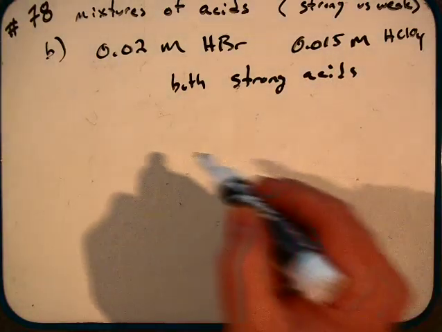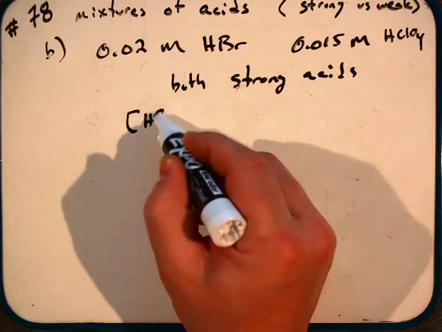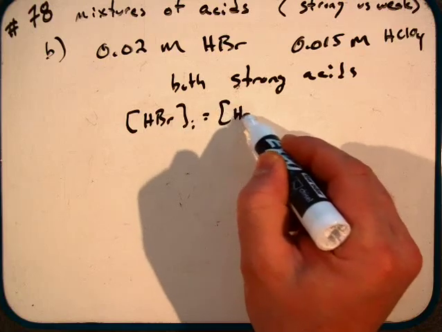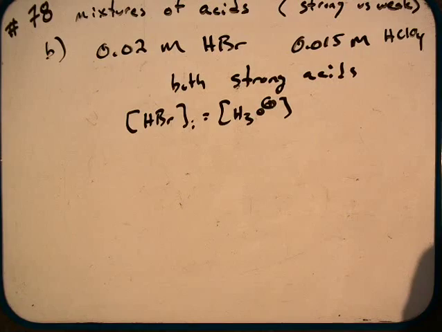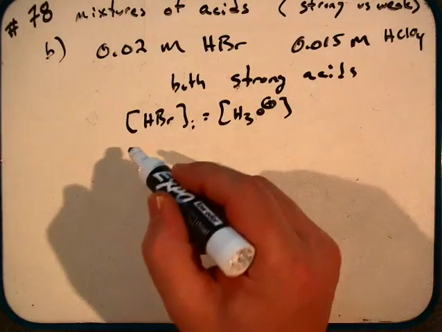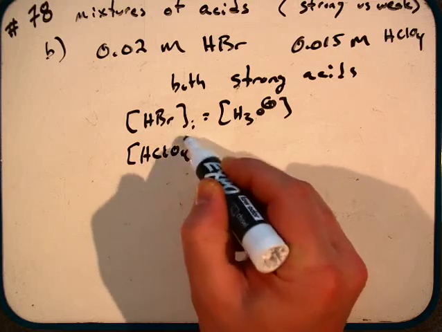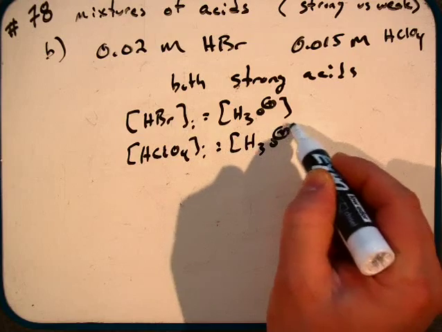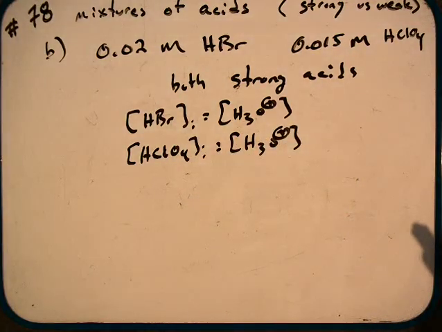And if both are strong acids, that means that our initial concentration of HBr would equal our H3O plus concentration. But the same could be said for our perchloric acid. Since both are strong, both completely dissociate.